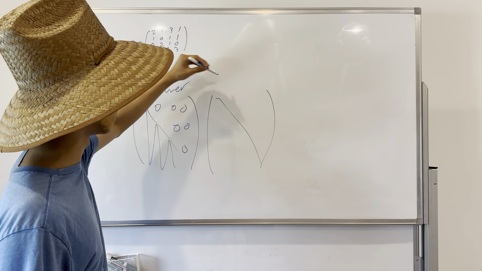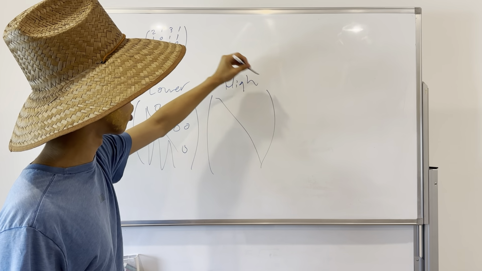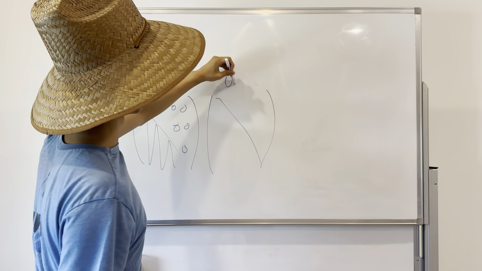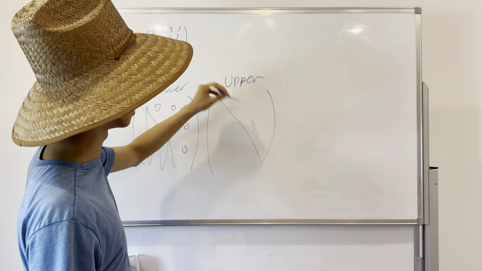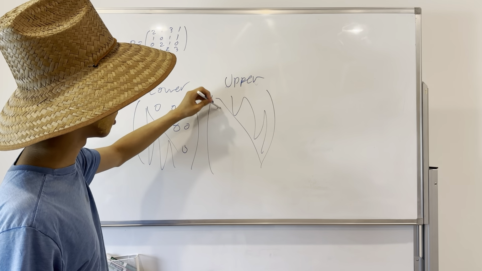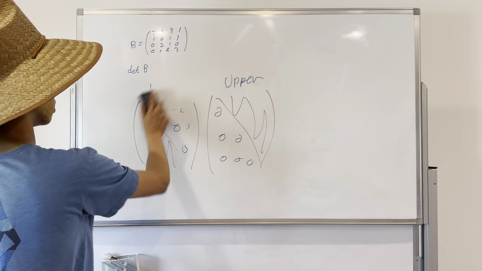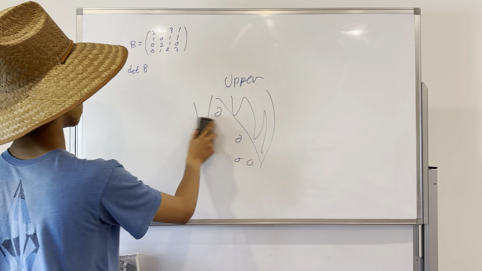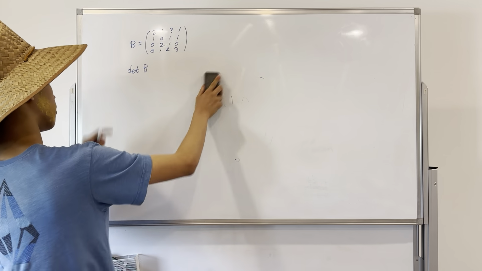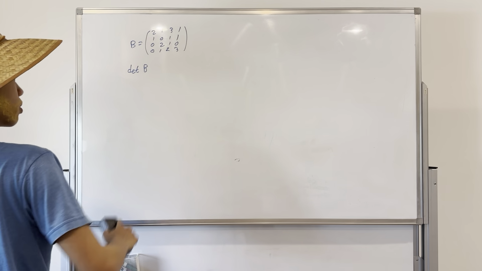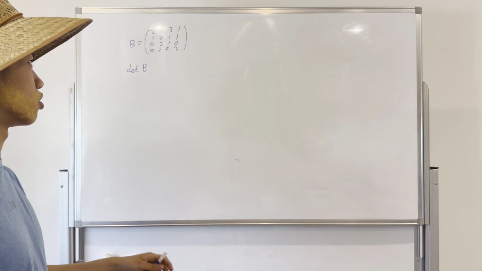So for the upper triangular matrix, all the non-zero terms go in this half, while the other half has just zeros. For this matrix I have up here, I'm going to be using an upper triangular matrix.